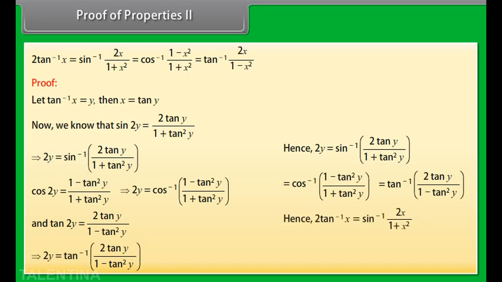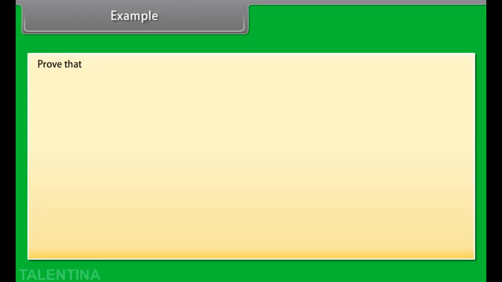Hence, 2 tan inverse x is equal to sin inverse 2x by 1 plus x square, is equal to cos inverse 1 minus x square by 1 plus x square, is equal to tan inverse 2x by 1 minus x square. Example. Prove that 3 cos inverse x is equal to cos inverse 4x cube minus 3x.